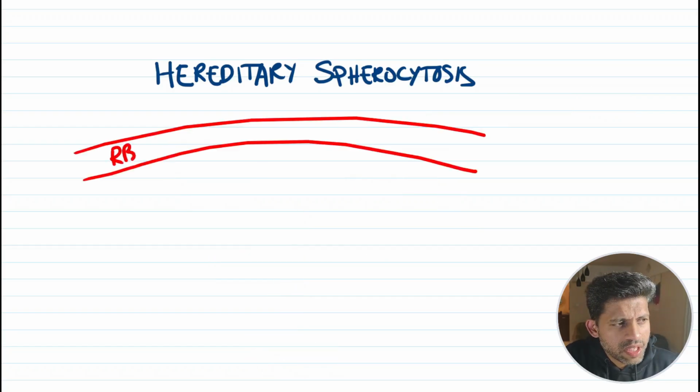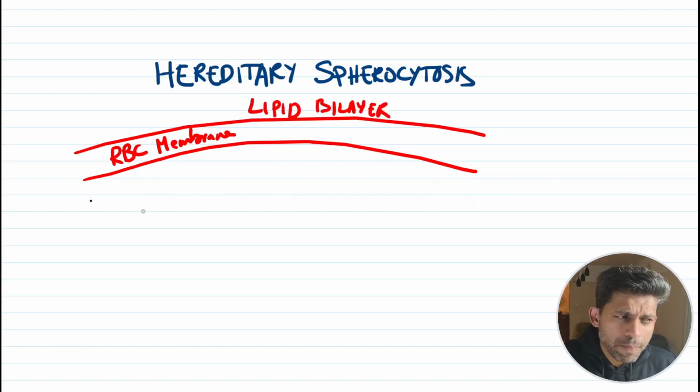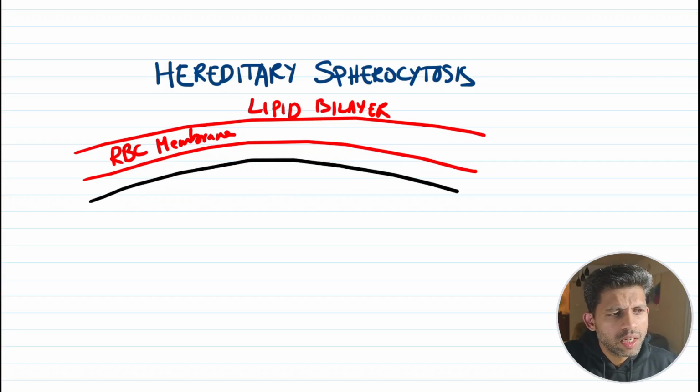Okay, this is an RBC membrane, and like all biological membranes, this is a lipid bilayer. The shape of this membrane is maintained with the help of a scaffolding, which consists of a few proteins. Let's look at the most important ones.